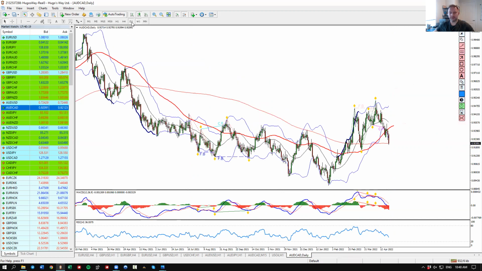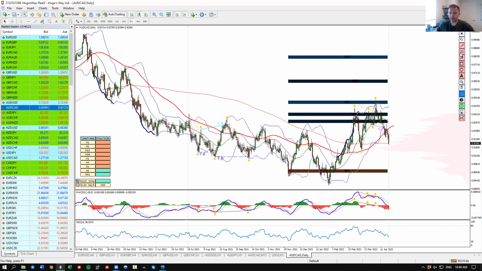So what do we have here? Going down to the daily chart, the way I see that, we are in a potential zigzag. So we had two waves to the upside. I believe we should create some sort of two waves here, or at least some sort of a range, and then probably potential buys.